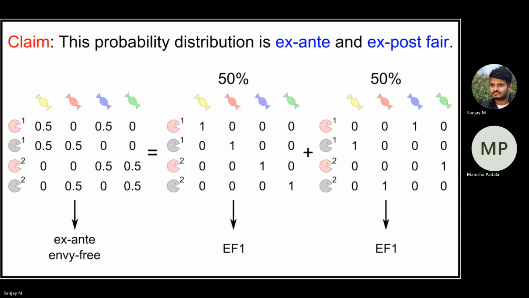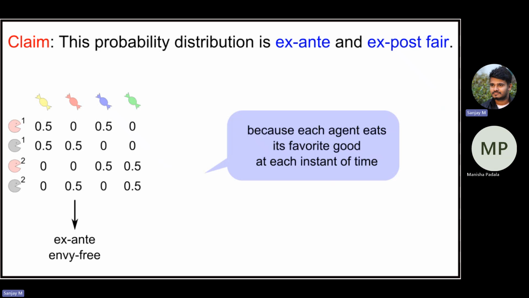Okay, so what we have so far is a distribution over deterministic allocations, and we want to show ex-ante and ex-post fairness for that. Ex-ante is fairly straightforward to see. Why? Because if you think about the eating algorithm, every person was eating the best thing for themselves at any point of time, by definition of the algorithm.